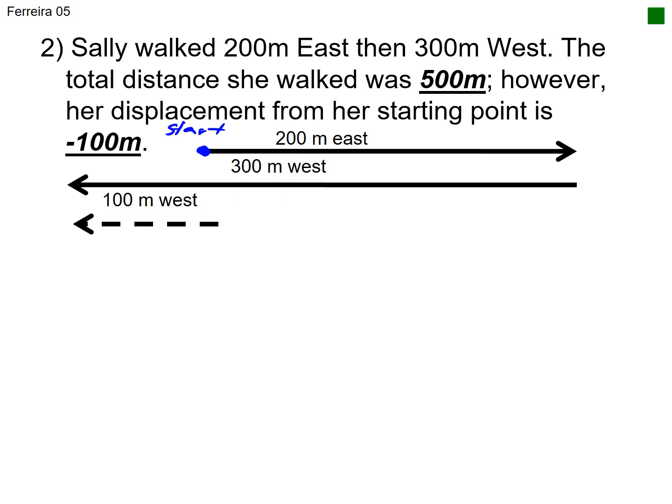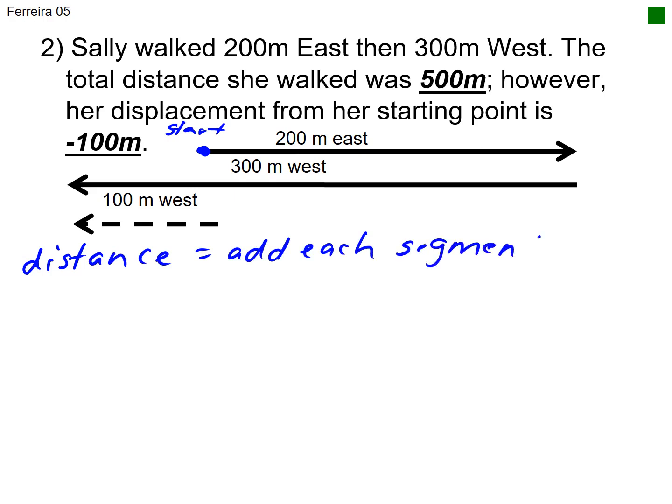When we have to find the distance, all we have to do is add each segment. So distance is easy. We don't care about direction at all. We just do the 200 segment plus the 300 segment, and that gives us the 500 meters.